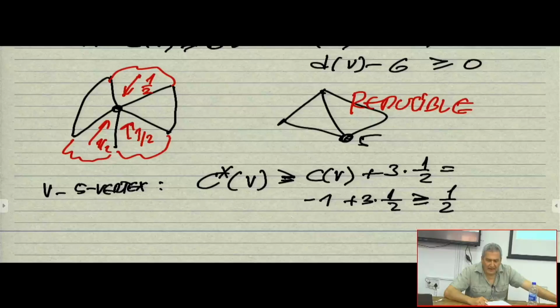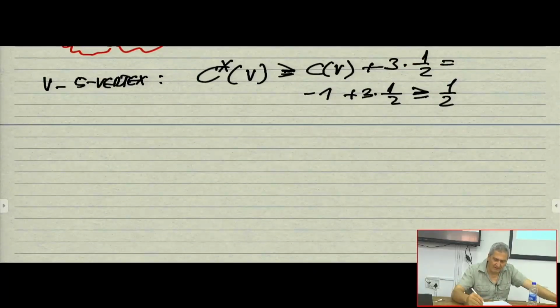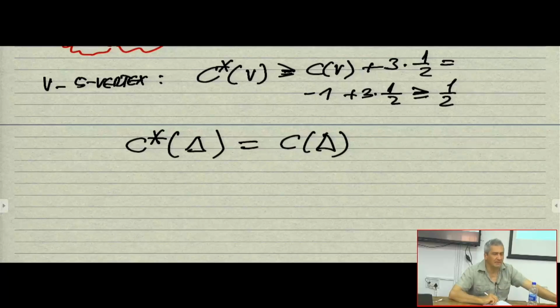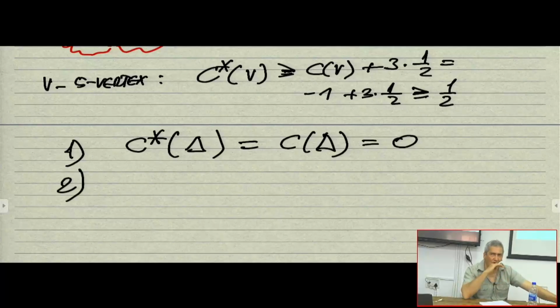What happened with faces? A triangle has initial charge 0. A triangle does nothing. It stays, yes. The final charge of a triangle will be the same as the beginning, it will be 0. Okay, let's see the faces.